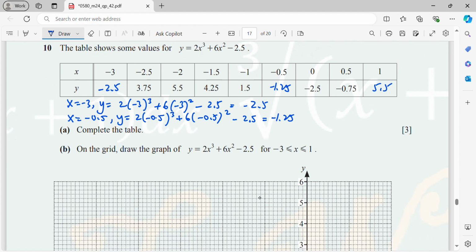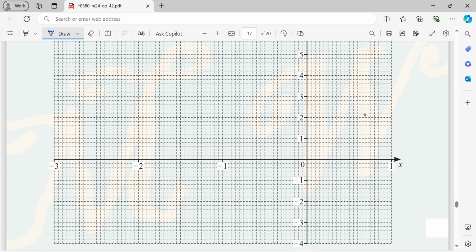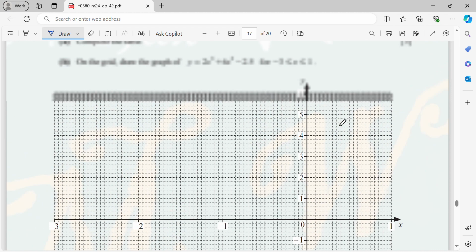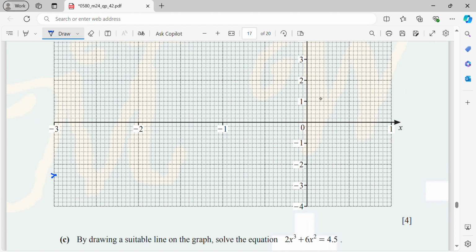Now, B, on the grid, draw the graph from minus 3 to 1. Means that you need to label all these points. Okay, so x is minus 3, y is negative 2.5. Okay, 0.5 is over here. Then minus 2.5, 3.75. So 3.75 is basically here.